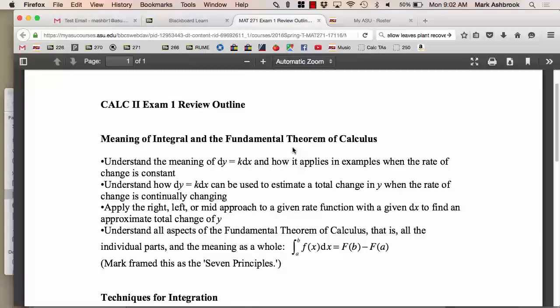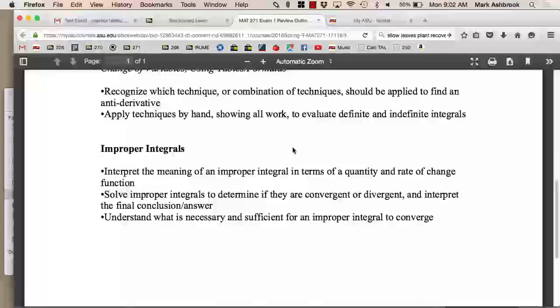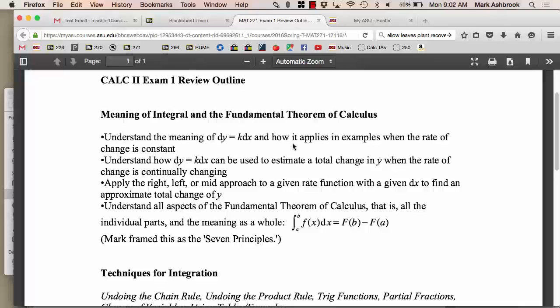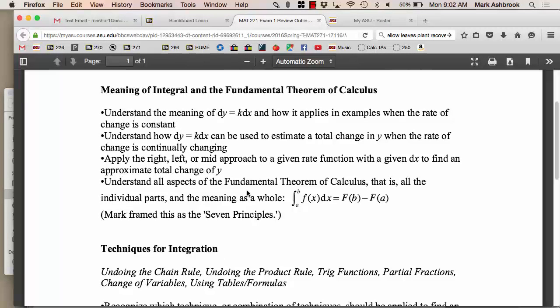Review outline is a bullet point list of things that you should understand and know how to do. That first week and a half, meaning of integral, super important. Lots of questions on that. There's an overview. Go back, watch the videos, study your notes, rework the homework, okay?